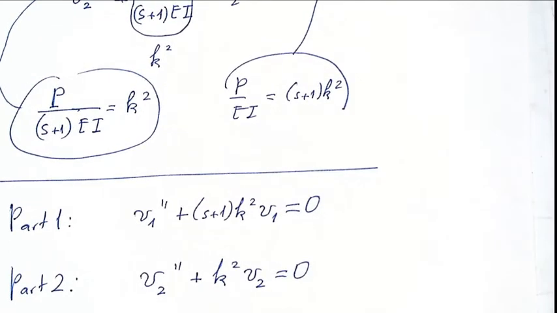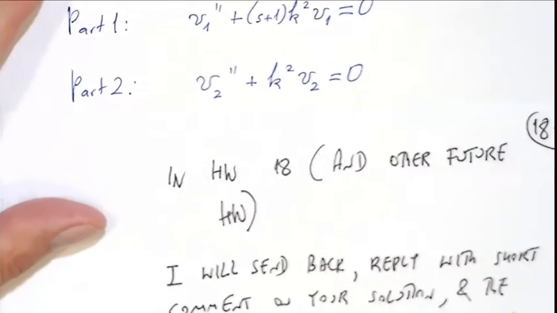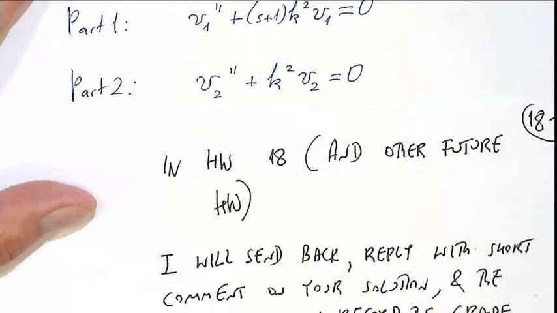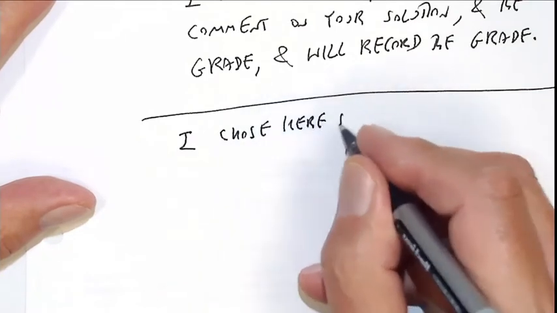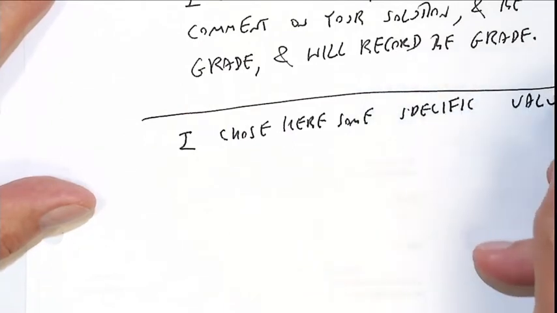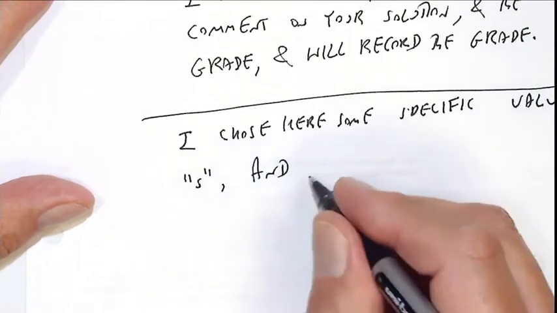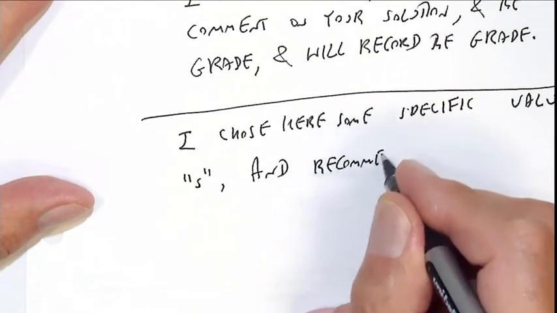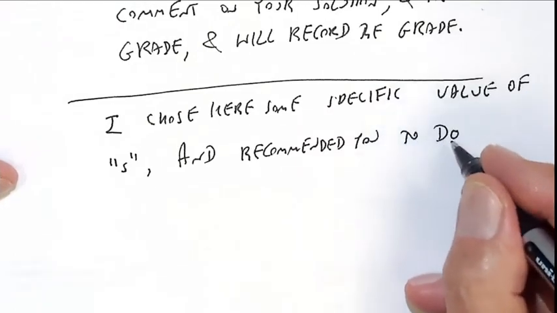Okay, I decided to choose some specific value of S because, first of all, I recommended you not to carry S. I chose some specific value of S and recommended you to do so too.